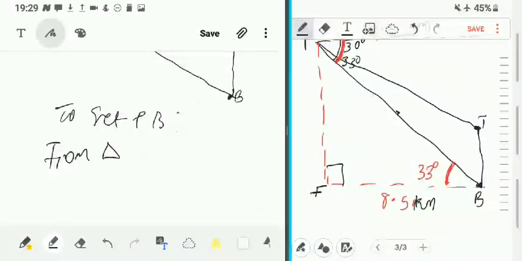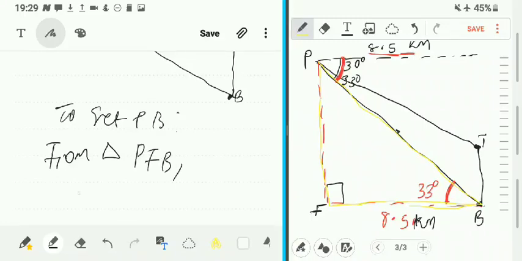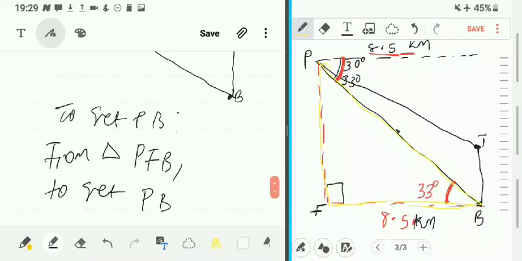So from this triangle here, from triangle PFB or PBF, the one highlighted in yellow now, we want to get PB, this line here, P to B.